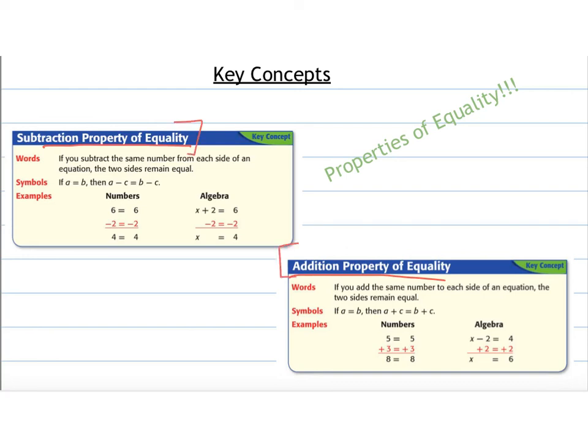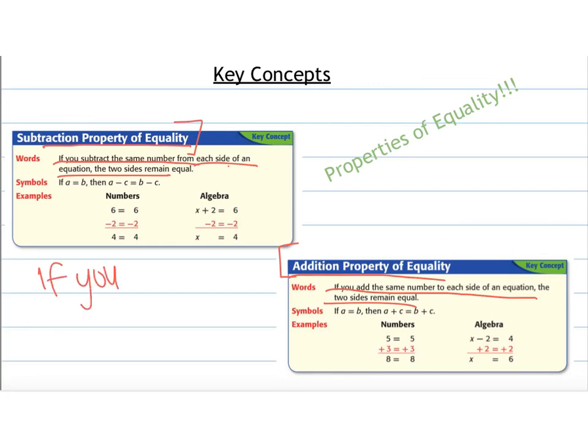And then for your definition, we can see the subtraction property of equality says that if you subtract the same number from each side of an equation, the two sides remain equal. And if you add the same number to each side of an equation, the two sides remain equal. So you can just write for both, together, one definition.